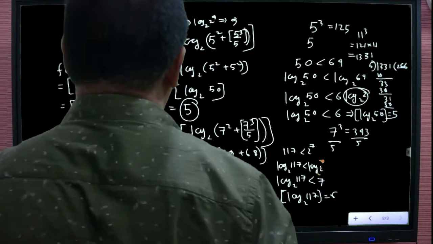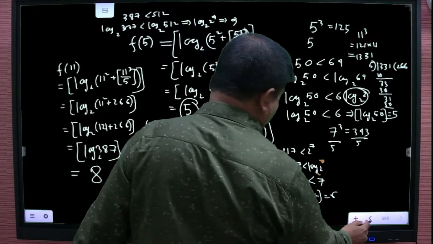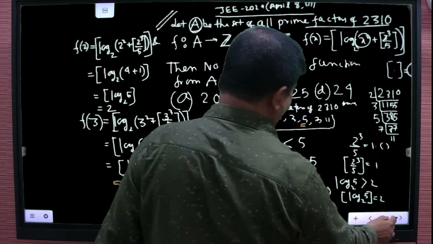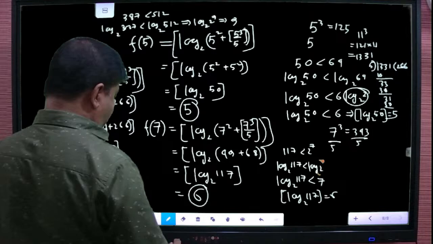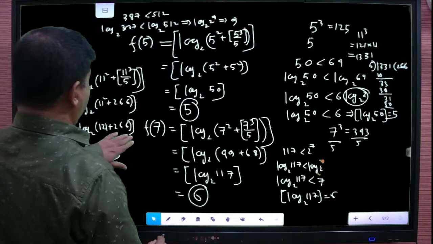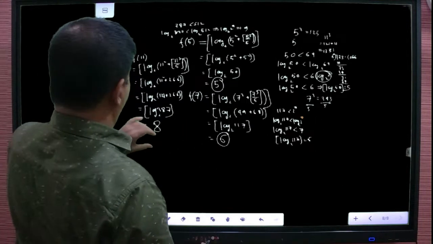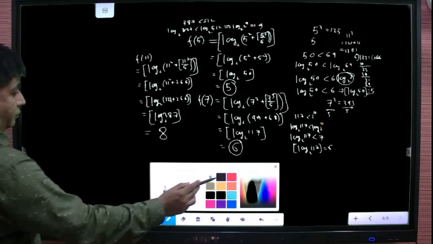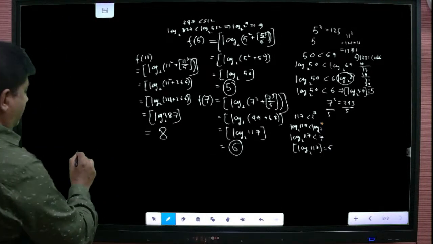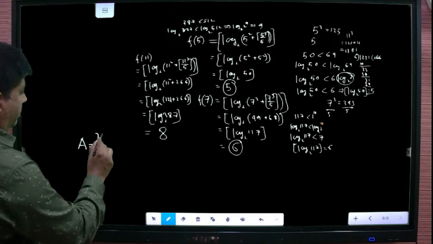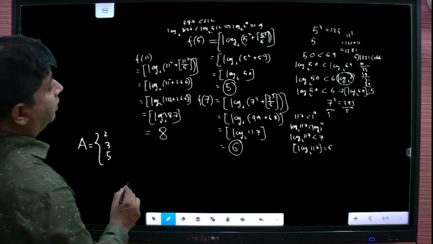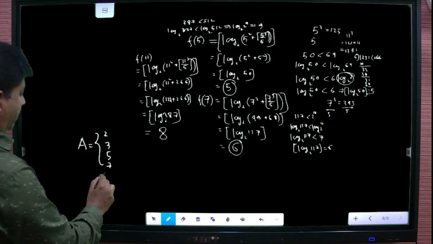Therefore, you find the range. A is 2, 3, 5, 7, 11.